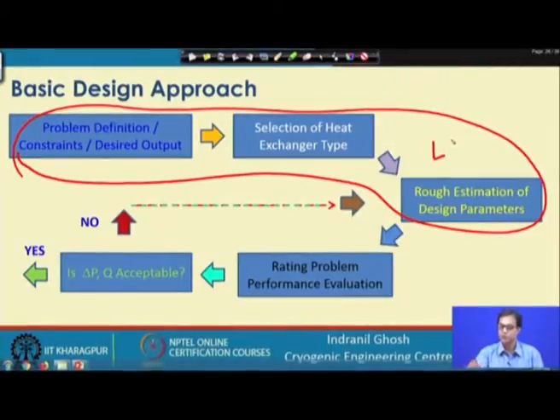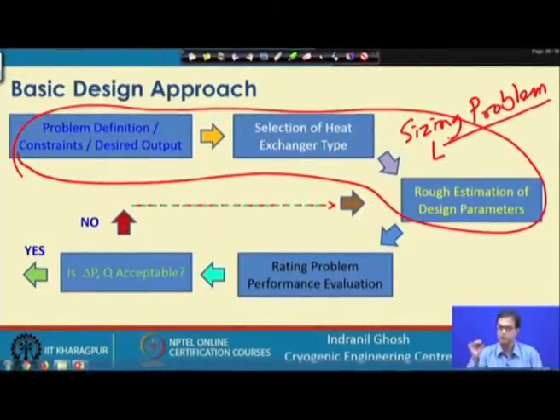This is the sizing problem, as we have learned in the earlier class. Up to this part we get a rough estimate of the sizing problem.